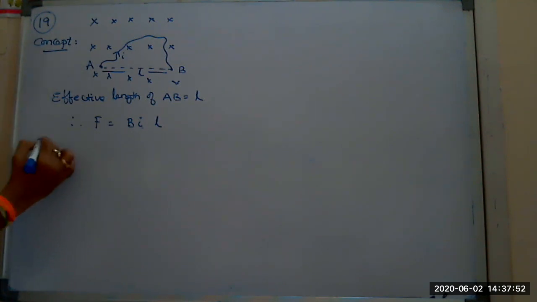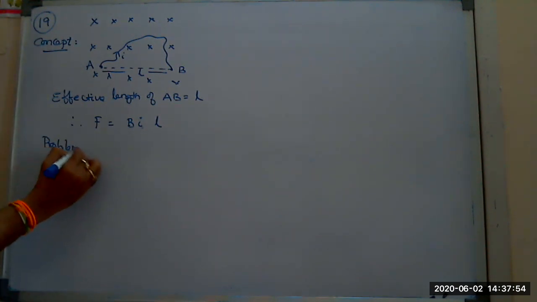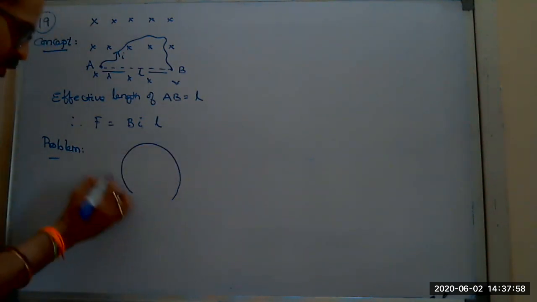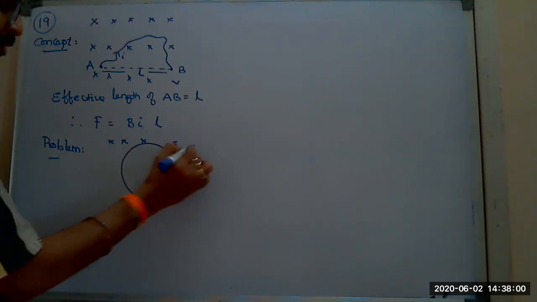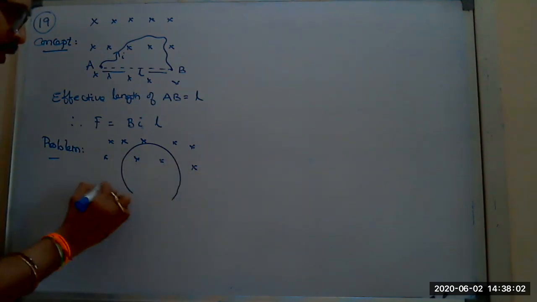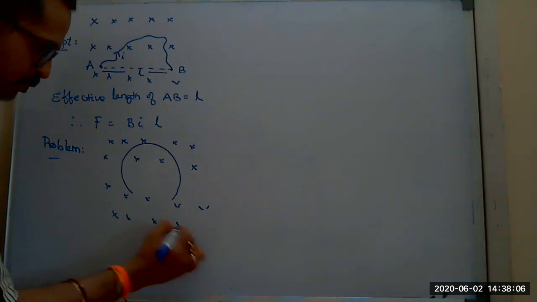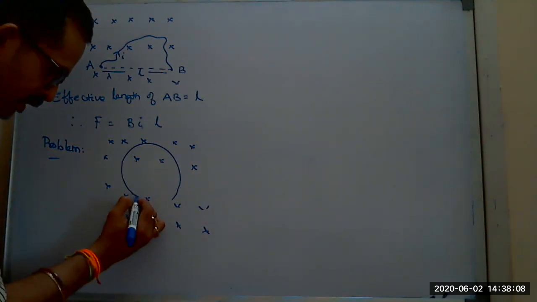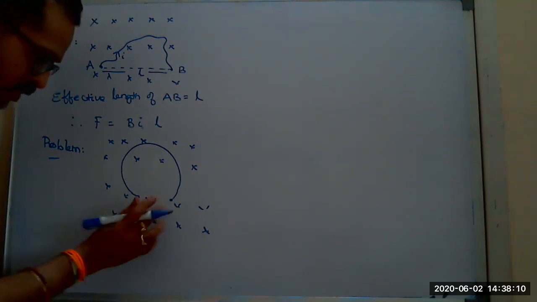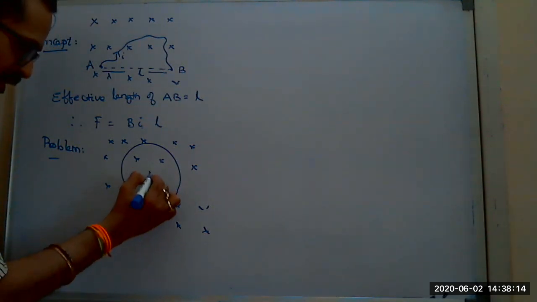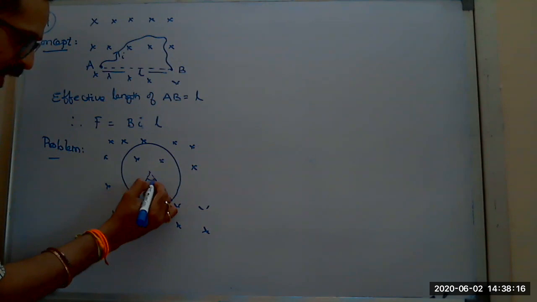Now come to the problem here. This is one circle placed in a magnetic field like this, Nana. And he said these two ends are open, and at the center they make an angle of exactly 90 degrees.